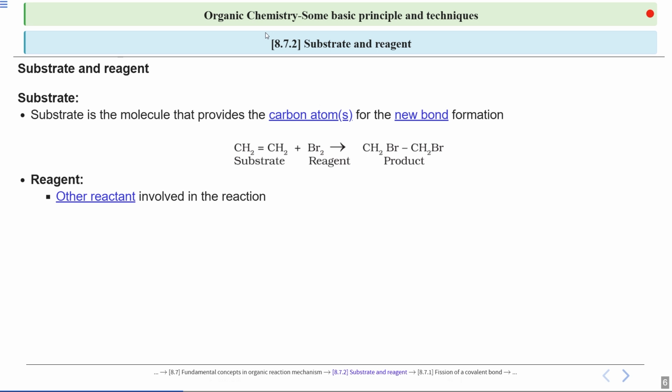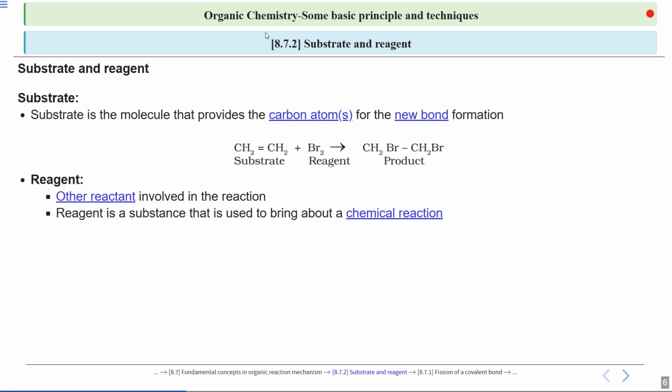In your class 11th and 12th, the main focus is on functional group transformation or functional group introduction. The substance on which the functional group is introduced or transformed is taken as the substrate, and the reactant which is responsible for the transformation or introduction of the functional group is taken as your reagent.